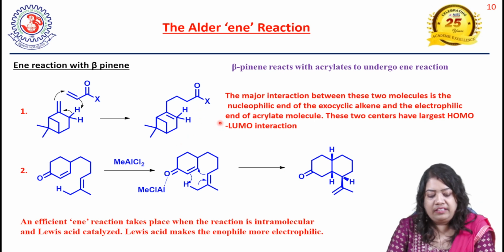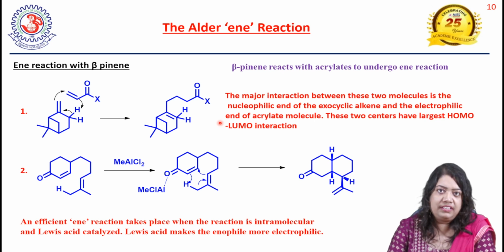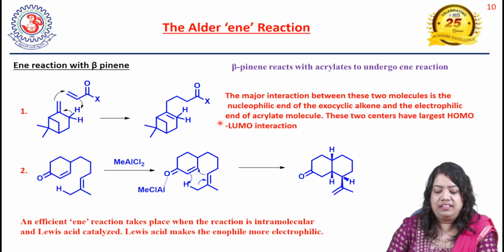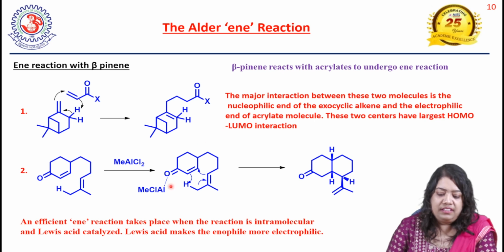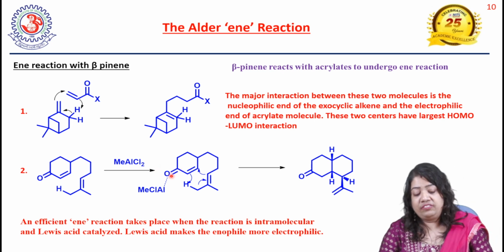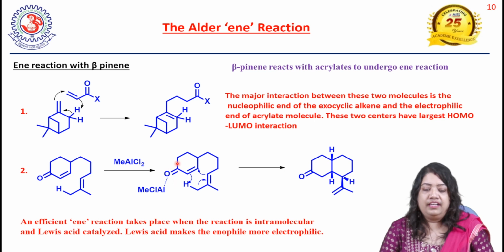An efficient ene reaction takes place when the reaction is intramolecular in nature, and we use some Lewis acid to catalyze the reaction. The use of Lewis acid will increase the electrophilicity of the enophile part, and so the reaction will be faster in rate.